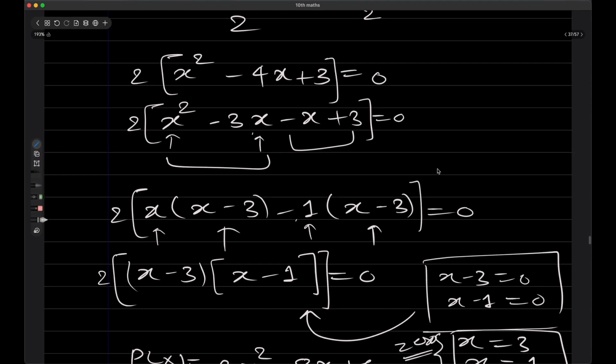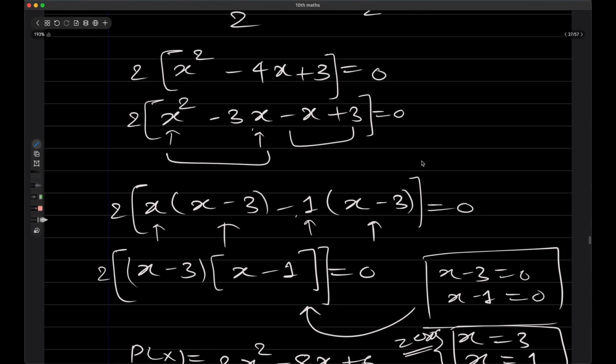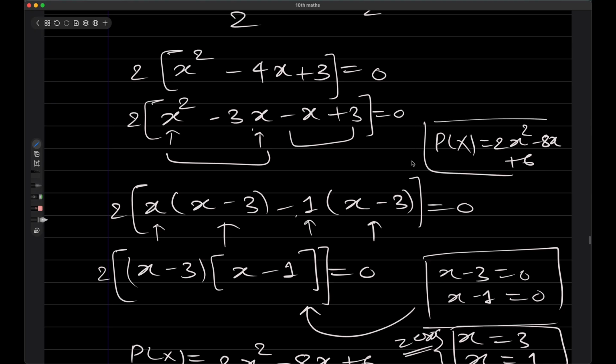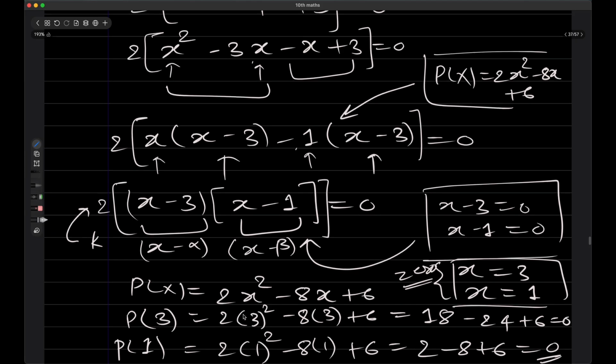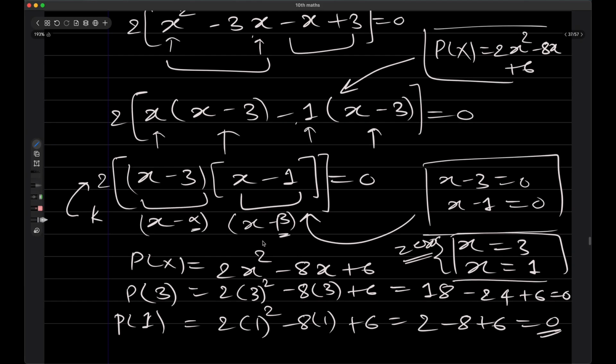I have taken the example, that is, I can write the polynomial p of x equals 2x square minus 8x plus 6 in the form k into x minus alpha into x minus beta, where alpha and beta are the zeros of the polynomial.